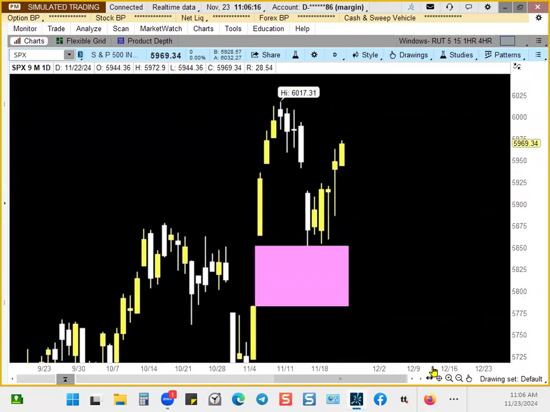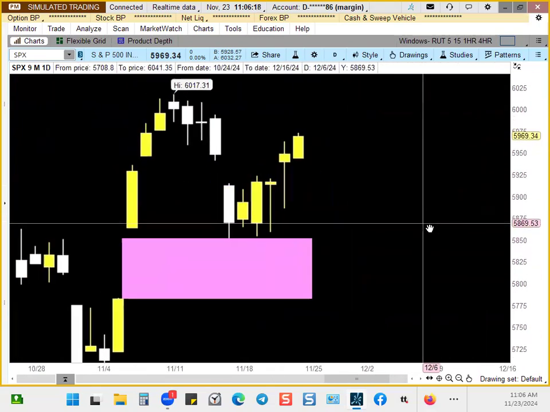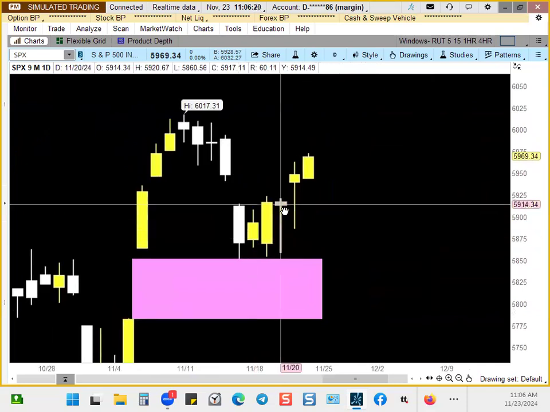Some of the gaps, we got to look at gaps also from the close of one candle to the open of another candle. That causes a gap as well, depending on, of course, where you are in the chart.